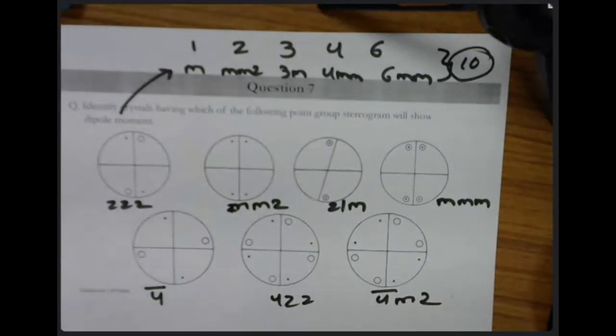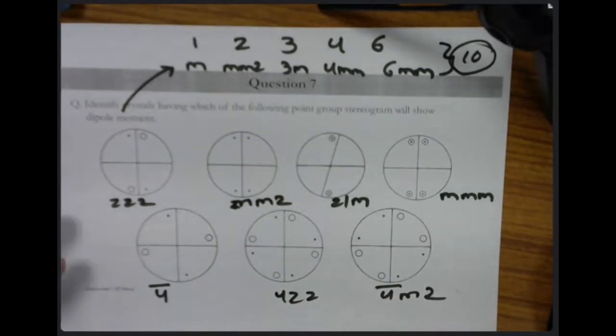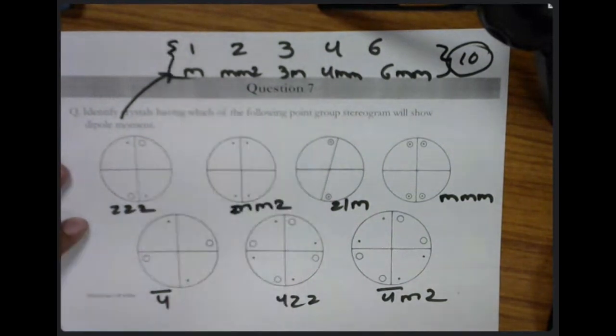Right. So now we need to find which of them will show the dipole moment to us. And we already know that these 10 are the ones which are going to show.